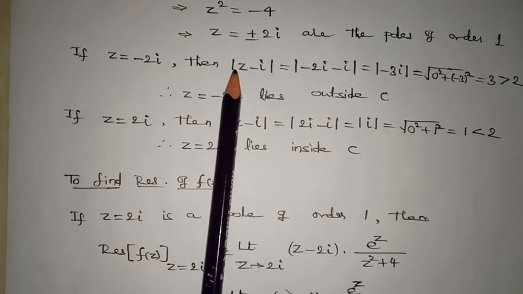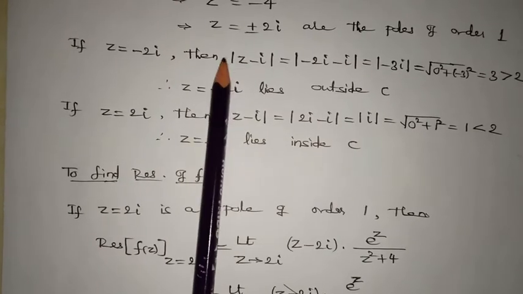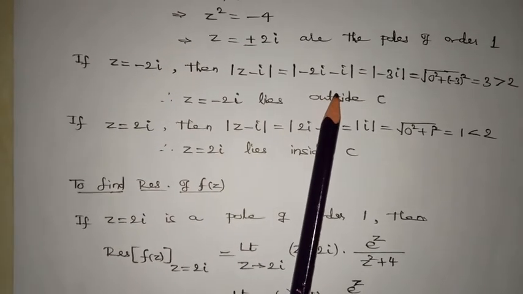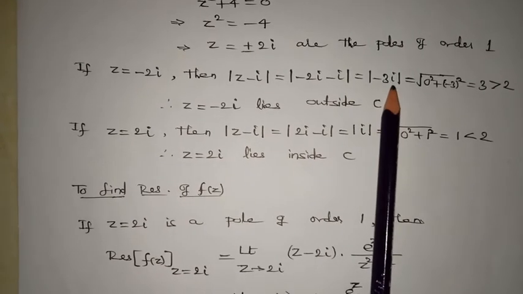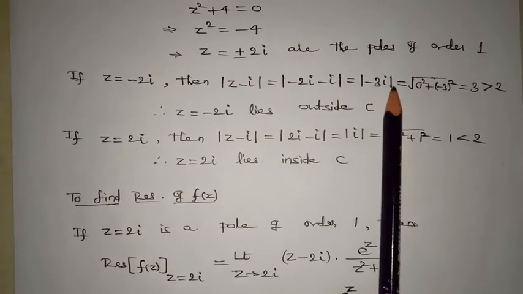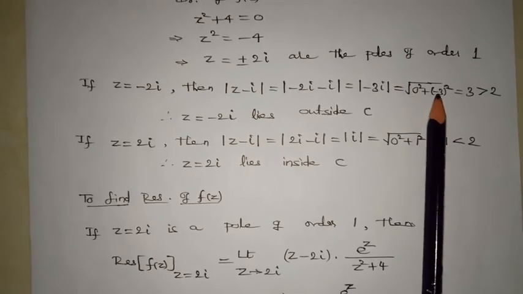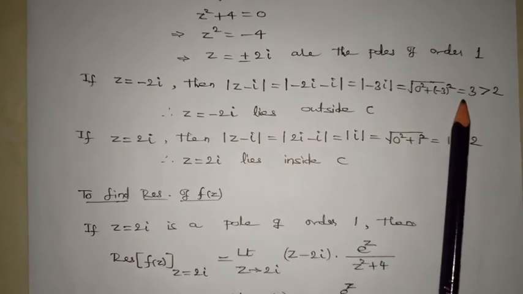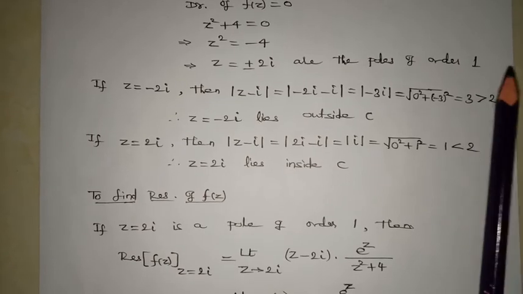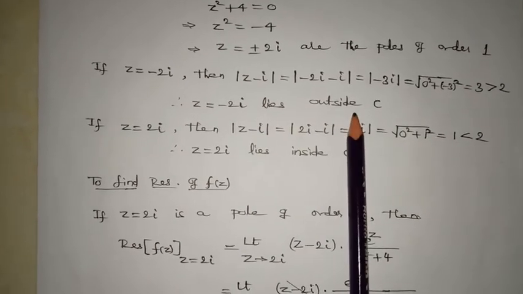Replacing z by minus 2i, minus 2i minus i is minus 3i. The modulus of a complex number is the square root of real part square plus imaginary part square. Simplify this and you get 3. This 3 is greater than the radius, so z equal to minus 2i lies outside C.